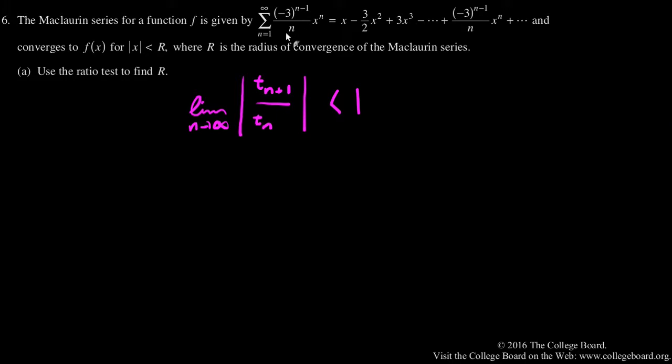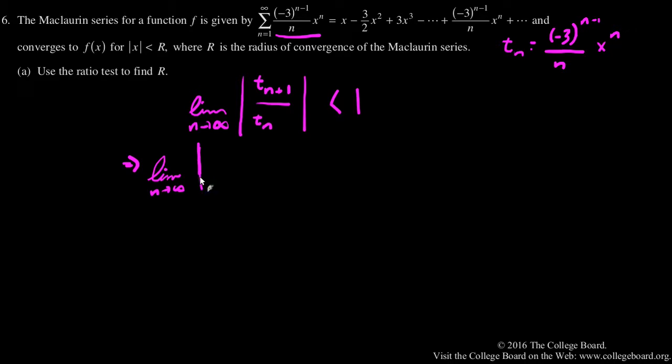So they give us the nth term right here, so let me write that to the side. We know that the nth term is going to be (-3)^(n-1) all over n times x^n. So this statement says, okay, let's consider the limit as n approaches infinity of the absolute value of the n plus first term. So everywhere I saw an n, I'm going to put an n plus 1.